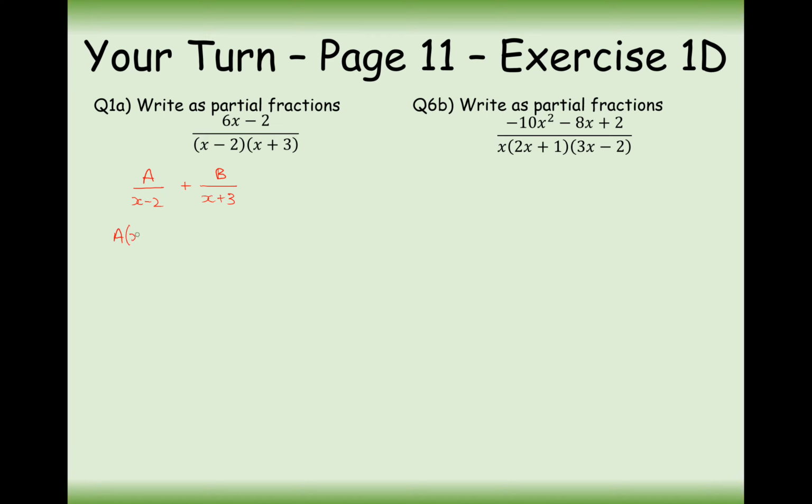Combine these fractions back together again, and if we times the first one by x plus 3 on the top and the bottom, and do x minus 2 onto the second fraction, and add them together again, then what we're going to get is an expression which is 6x minus 2 equals a brackets x plus 3 plus b brackets x minus 2.